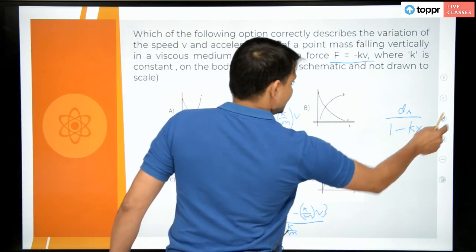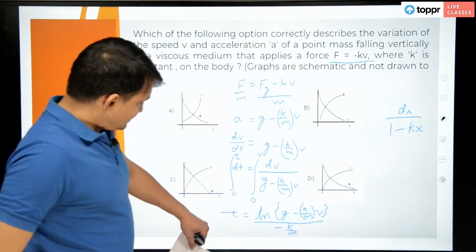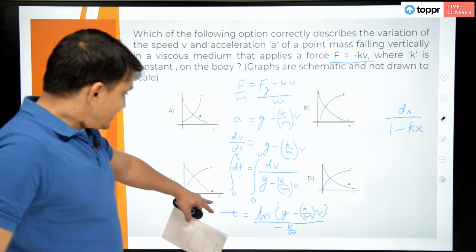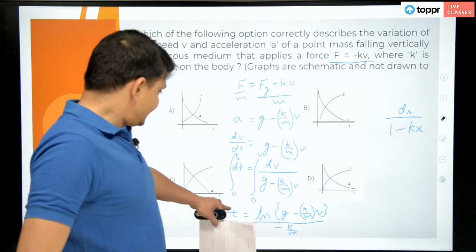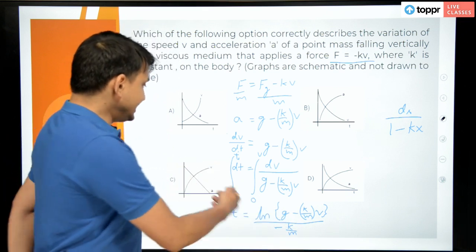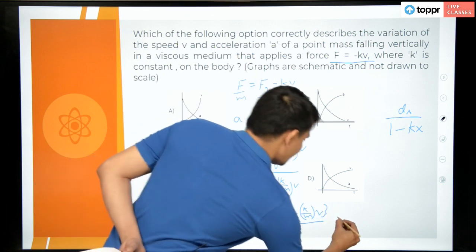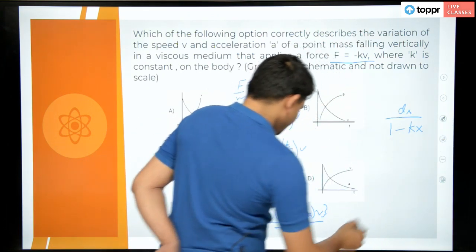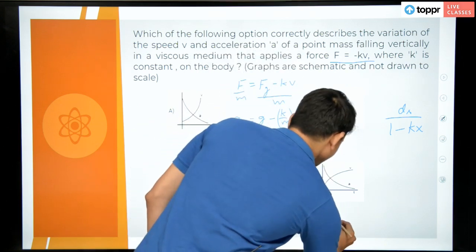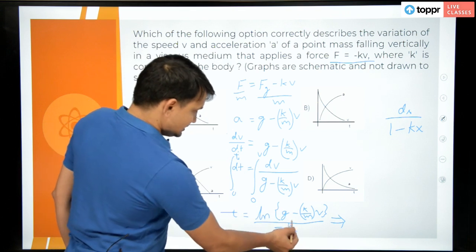Here we are getting v in terms of t, or simply you can see t in terms of v. We can relate this in a different way, like if we take out this whole thing.